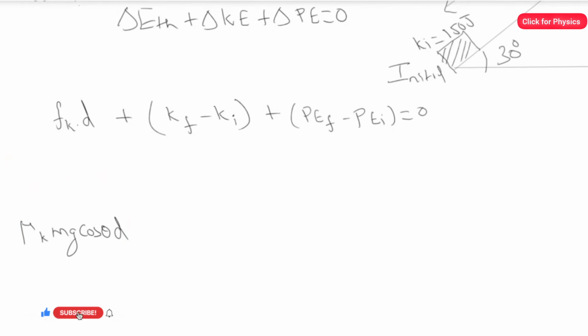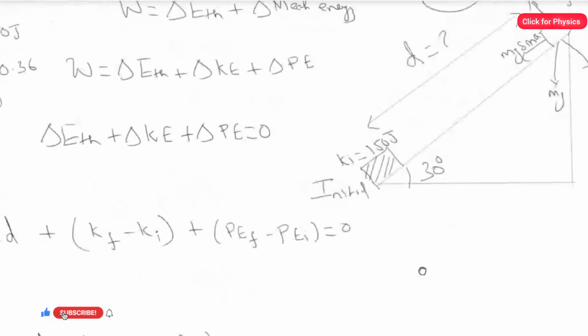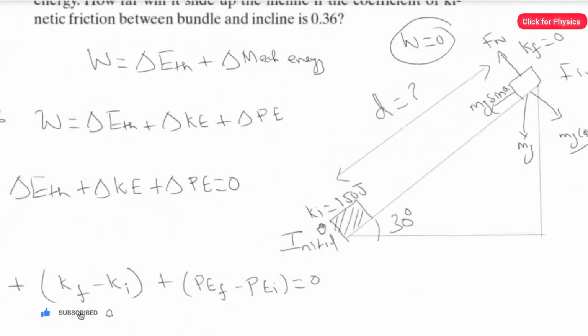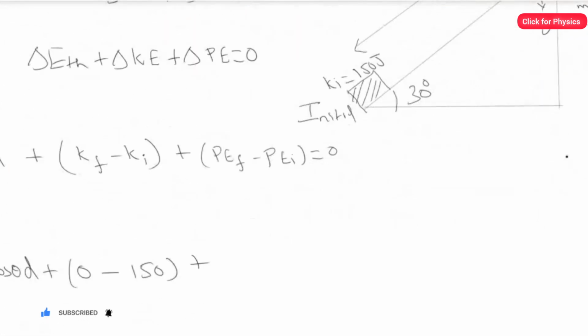So the final kinetic energy is 0, and the initial kinetic energy is 150 joules. For potential energy, you should be very careful. This is the initial point and the final point. For the initial, there is no height, so the initial potential energy becomes 0.